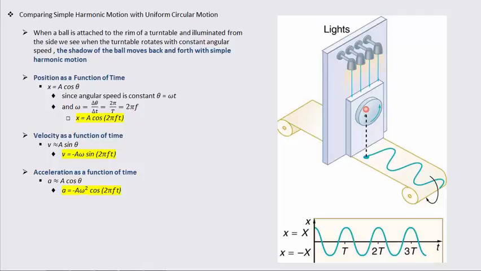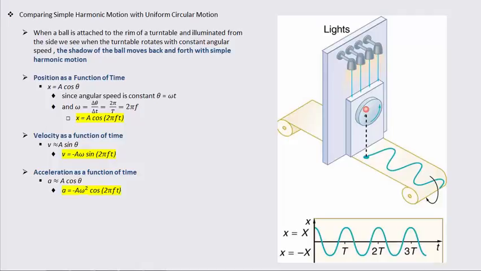And since theta is equal to our angular speed multiplied by time, and our angular speed is the same as 2 pi over T, and the inverse of T is frequency, we can substitute 2 pi multiplied by a frequency times time for theta to get an equation to calculate our position as a function of time.